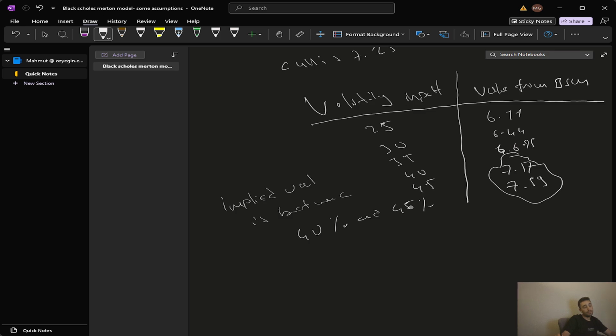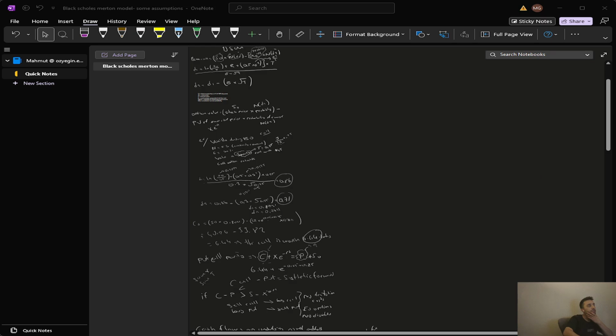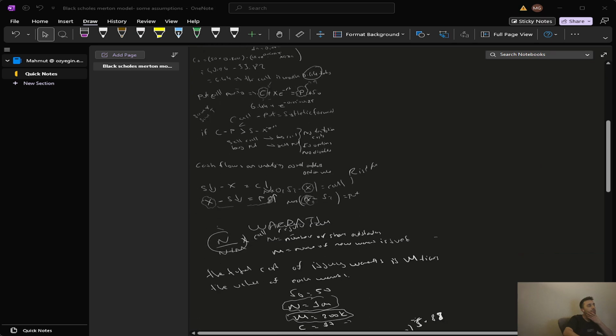It's really not easy to explain by looking at this example, but this is enough for finally understanding the implied volatility. Then Black-Scholes-Merton. Maybe I can give you another example, but we don't need it, since we already calculated the PV of the strike.